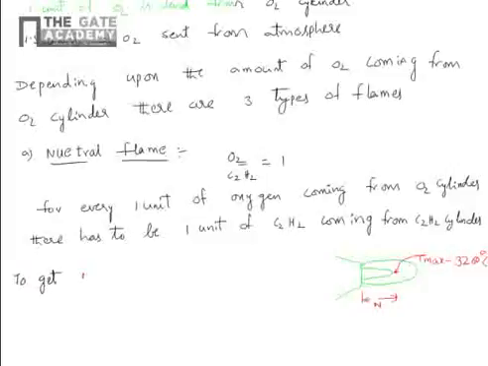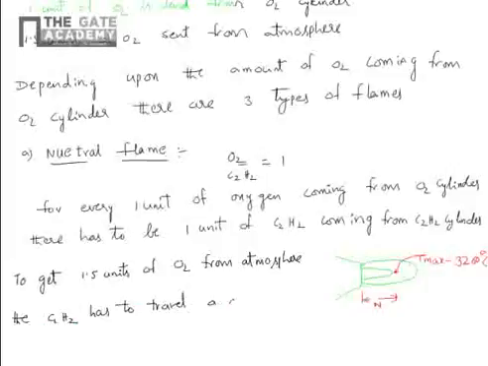To get 1.5 units of oxygen from the atmosphere, the acetylene has to travel a distance n.